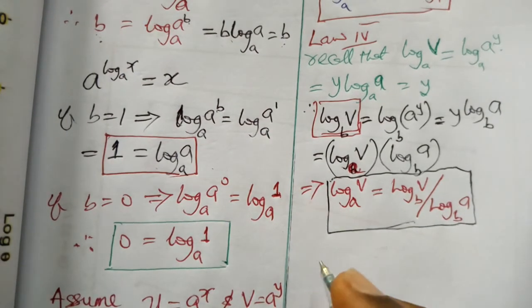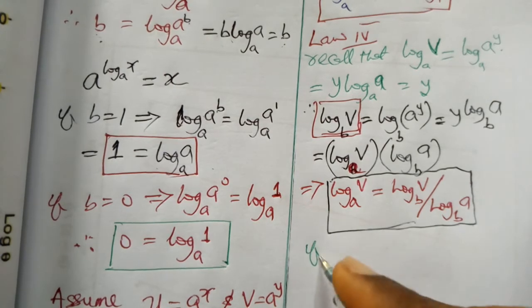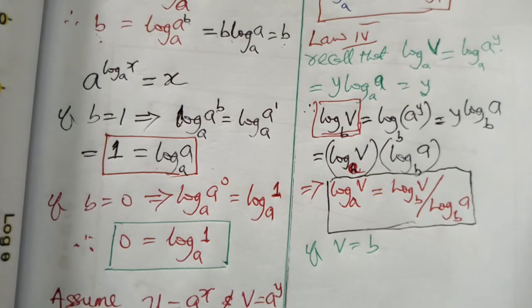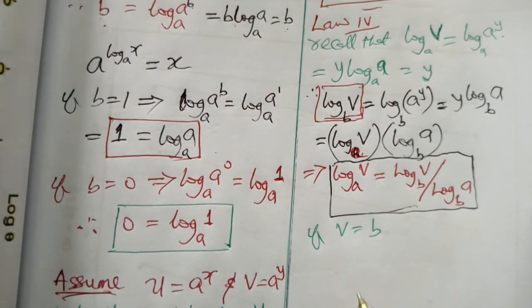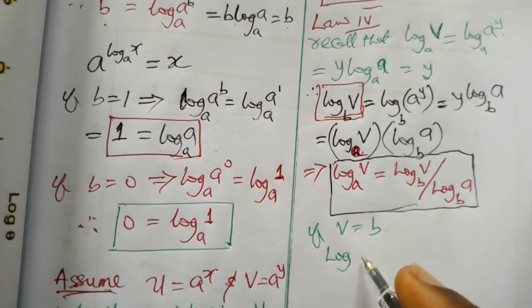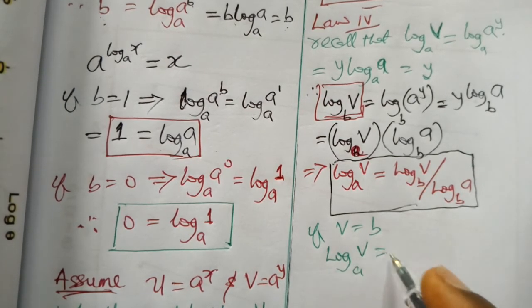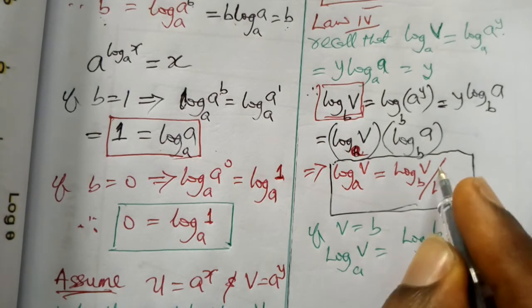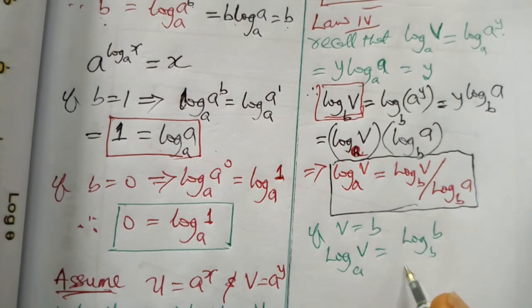So if we say now that v is equal to b, then what we are going to have is log b base a is equal to log b base b over log a base b.